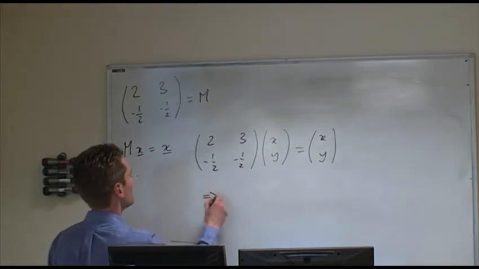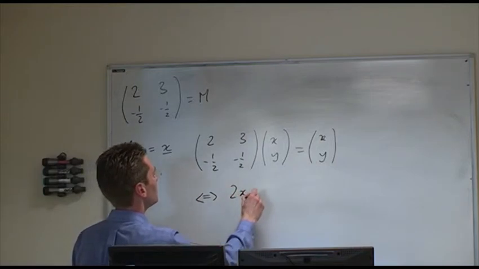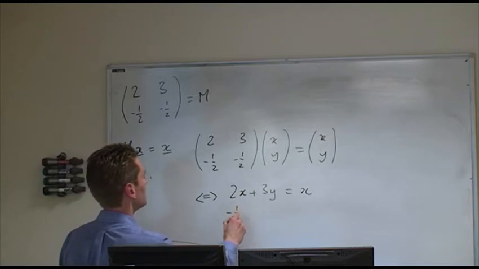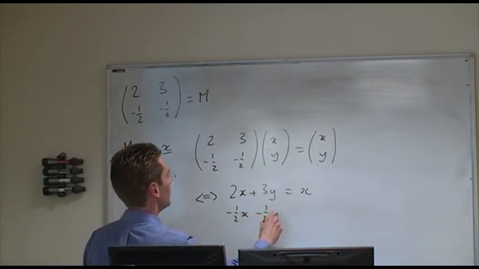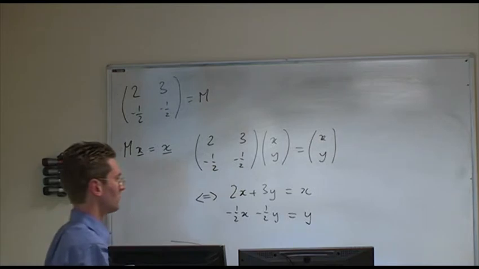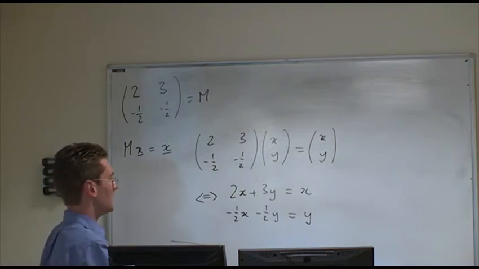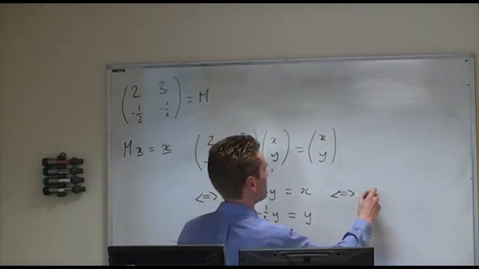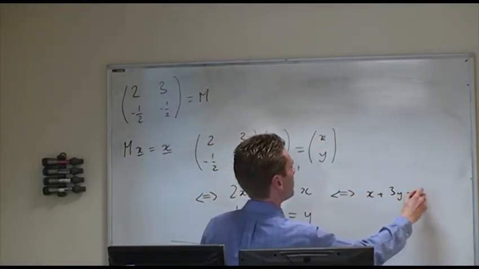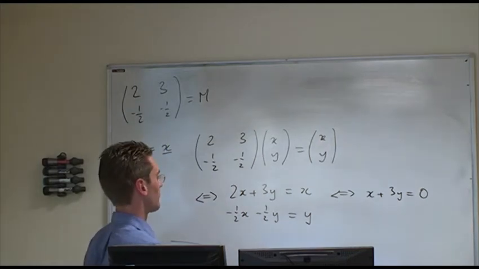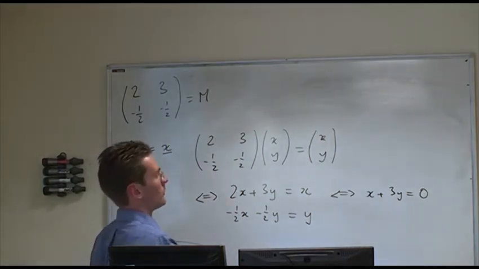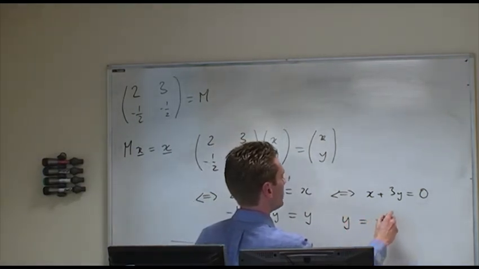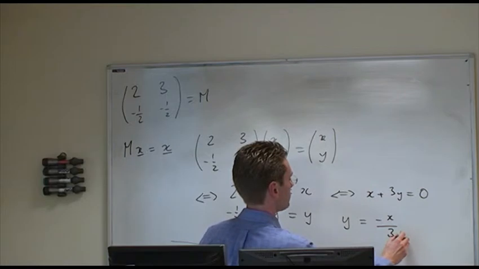Again, this is going to give me two simultaneous equations, 2x plus 3y equals x, and minus 1/2 x minus 1/2 y equals y. Again, these actually reduce to exactly the same equation, which is simply x plus 3y equals 0. Why don't I rearrange this to tell me what y is? So y is equal to minus x divided by 3.